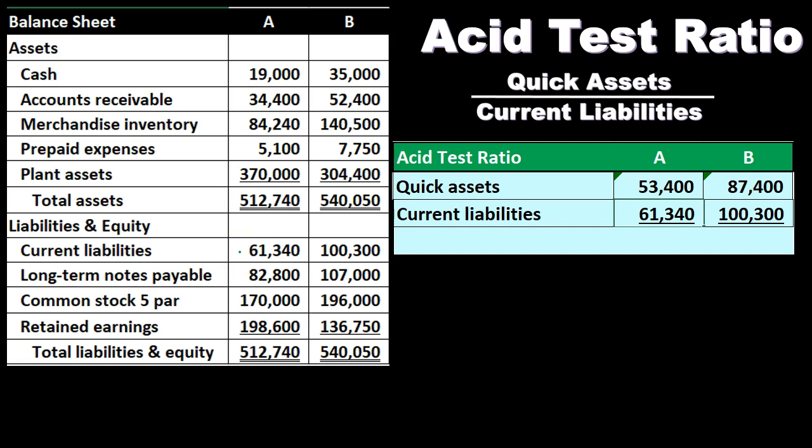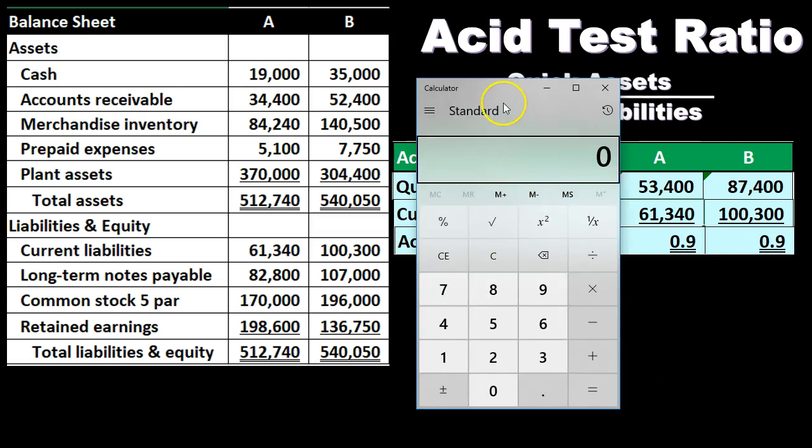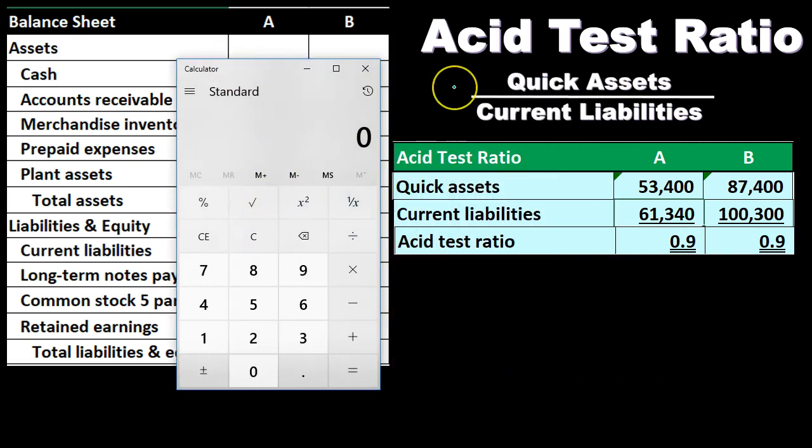We're going to have to pay that with cash generally. And we took the assets that are more closely related to cash, not including those that are less liquid, even within the current assets section. And then if we divide these two out, here are the numbers we get. Same type of calculation, we got the $53,400 over the $61,340. And that's going to be about 0.9, again, rounding.